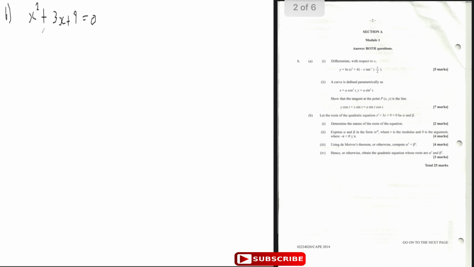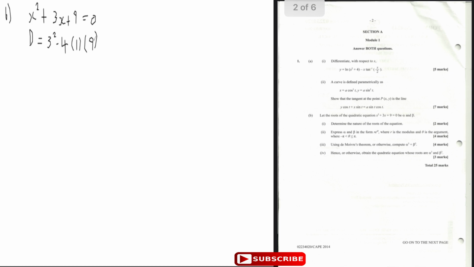To determine the nature of the roots, we use the discriminant b squared minus 4ac. I like to call the discriminant d. The discriminant d is equal to 3 squared minus 4 times 1 times 9.